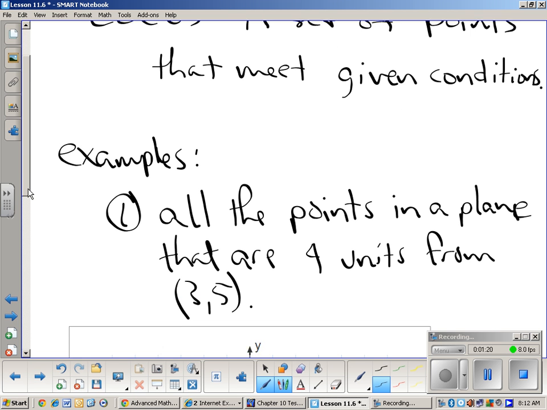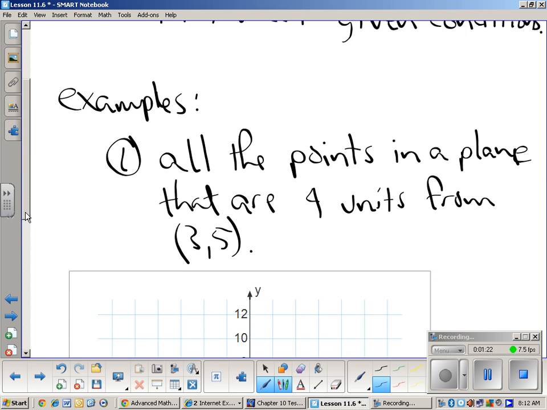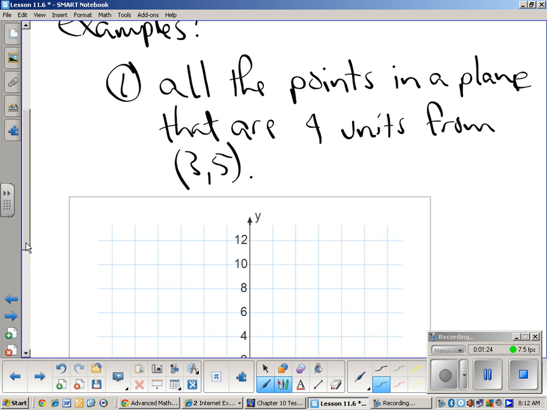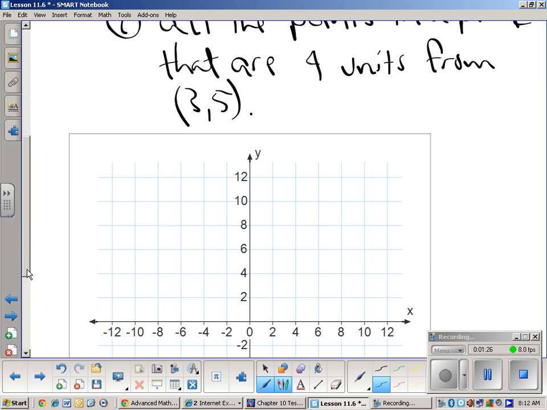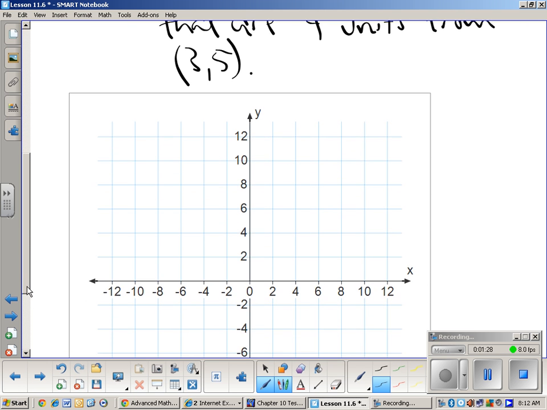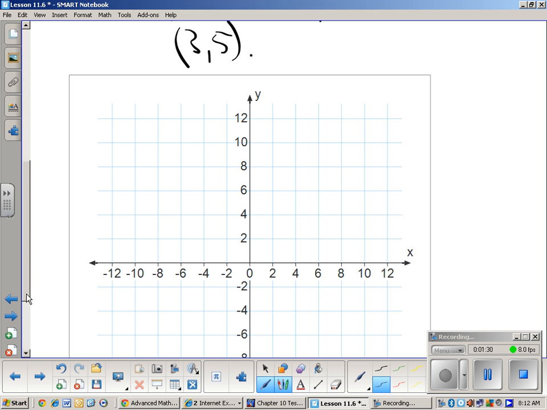So, first example says all the points in a plane that are 4 units from the point 3,5. That point right there is 3,5. How would I find one point that's 4 units away?